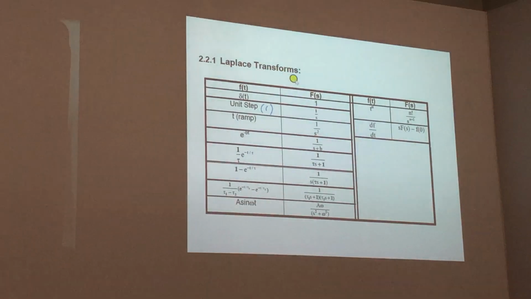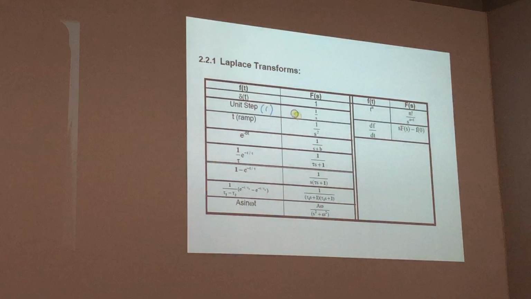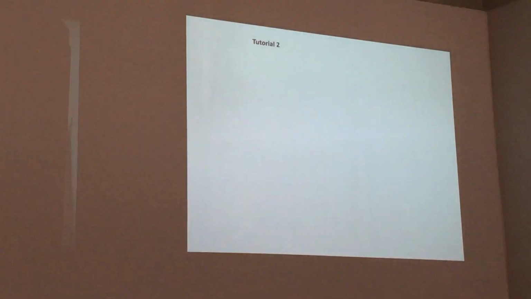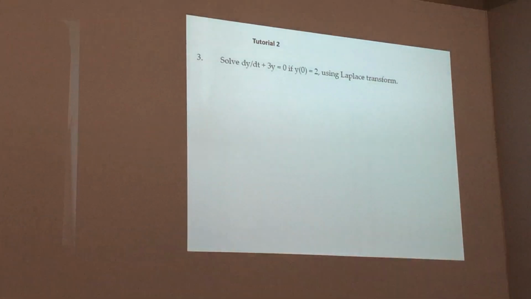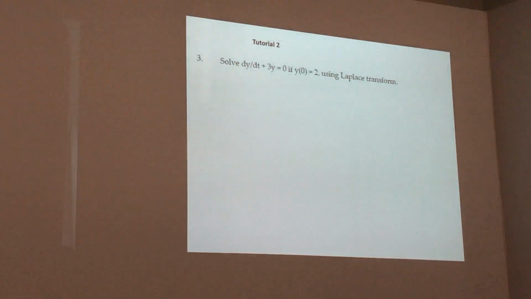So you have transform, you also need to inverse. When you inverse, you have to use this side of the table to inverse it back, okay? And we have this tutorial 2, this example. Still remember? Right? Solve this by using Laplace transform. This one is dy/dt plus 3y equal to 0 when y(0) equals 2, right?